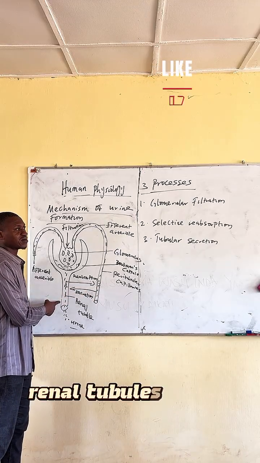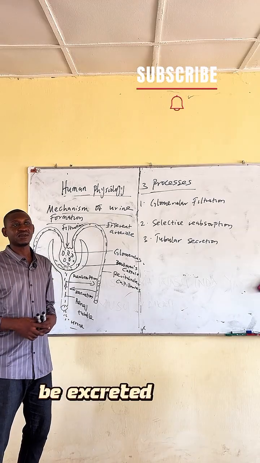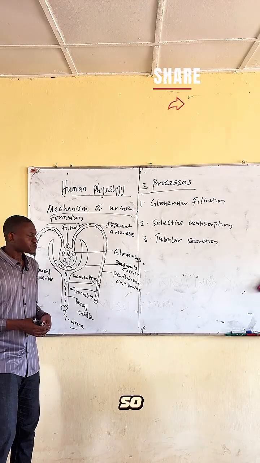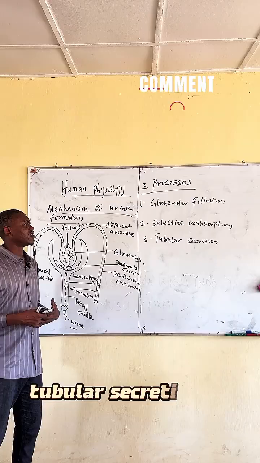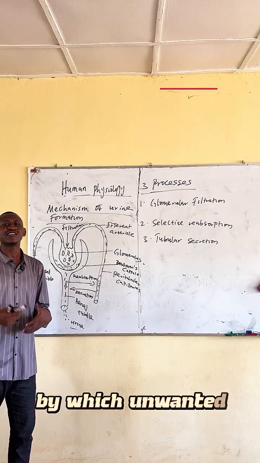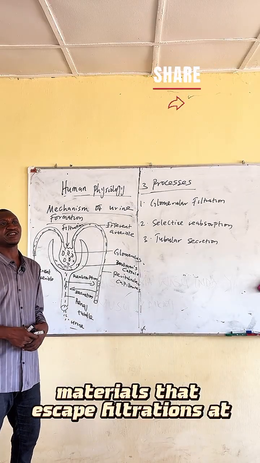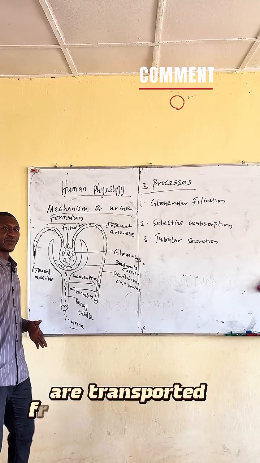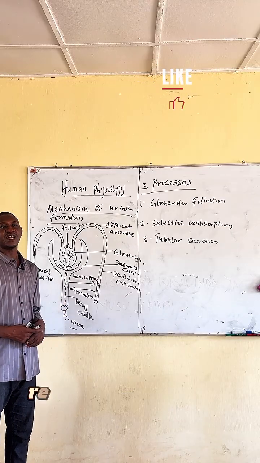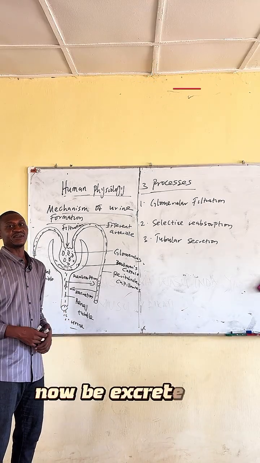Renal tubules, where they will be excreted in the urine. So tubular secretion is the process by which unwanted material that escapes filtration at the glomerulus is transported from the peritubular capillaries to the renal tubules, where it will be excreted in the urine.